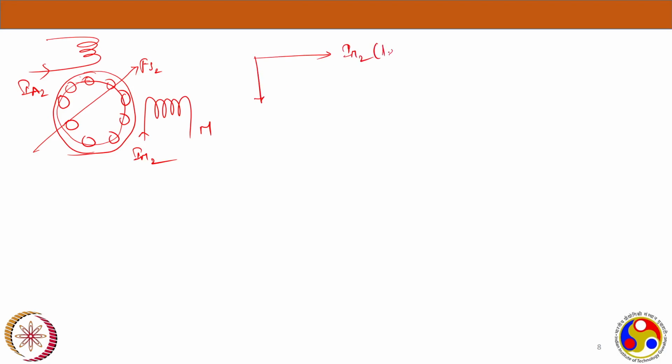IM2 is leading, IA2 is lagging. Your direction would be leading to lagging, so M to A, in this direction, but the field speed is NS only, 2f by P.